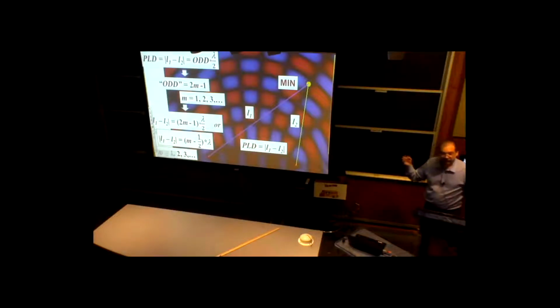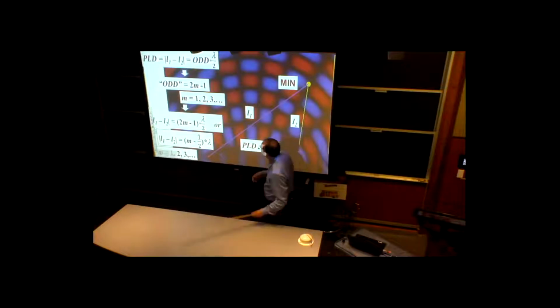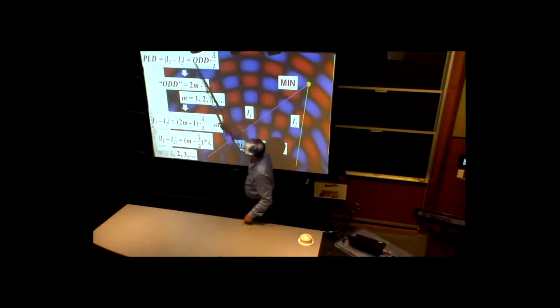And to figure out what will be happening at a specific location, we have two conditions. This is the condition for the minimum of intensity. And I've mentioned briefly, so this has been derived, but what does odd mean mathematically? In mathematics, any odd number can be represented in this form.